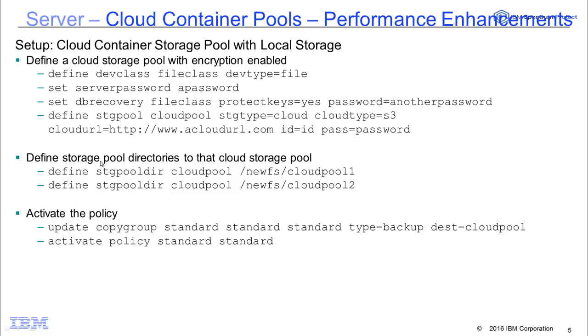Next, you'll set aside some space for the local cache by utilizing the define stgpool directory command. And notice here you have the cloud pool as the storage pool that these directories are being associated with. And then you're going to update the policies, define clients, associate the clients, and simply back up to that local cache, which will in turn write out to the cloud container.